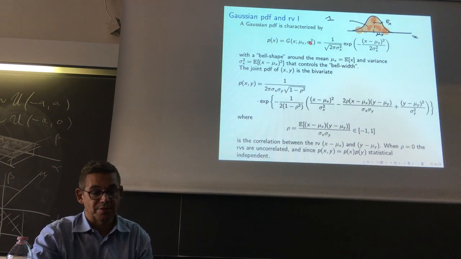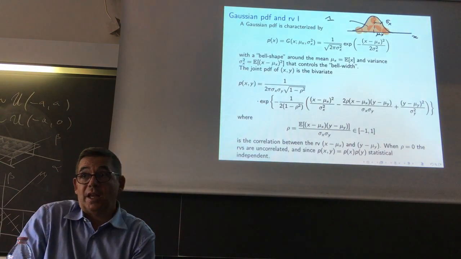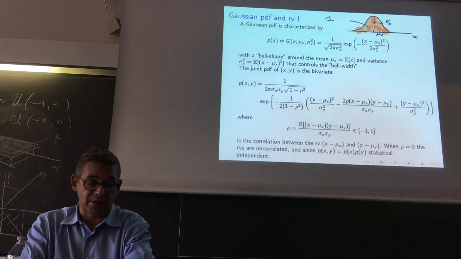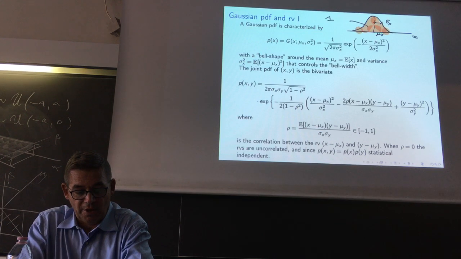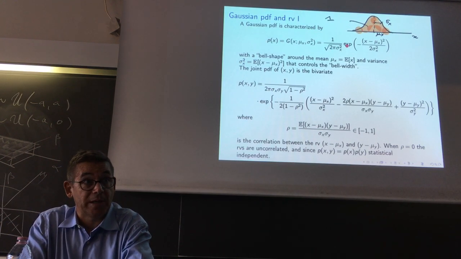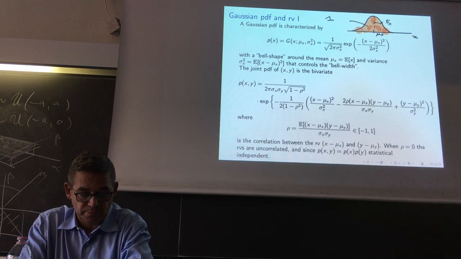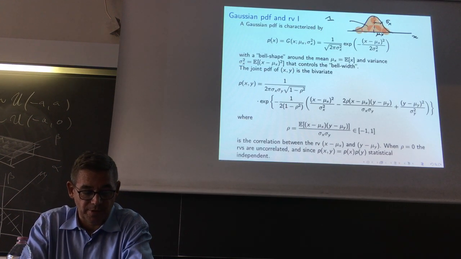So when I indicate the Gaussian, I indicate by Gx, mu x and sigma x. In formula, I can describe the exponential dependence. It has a bell shape.